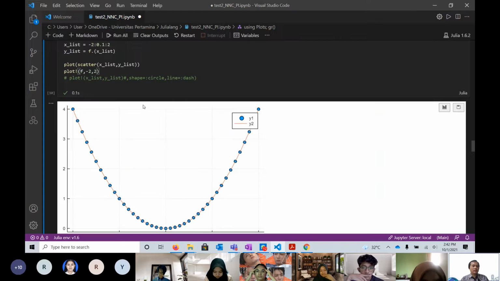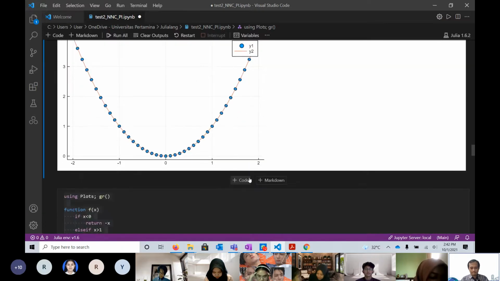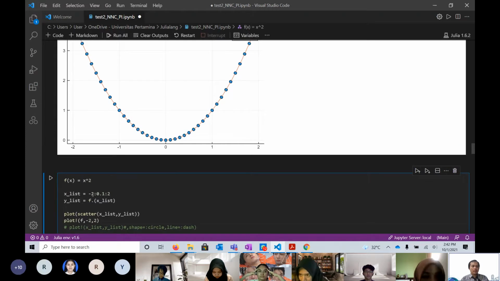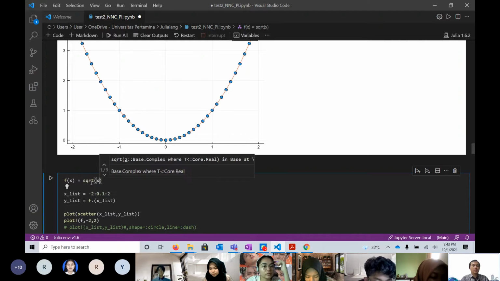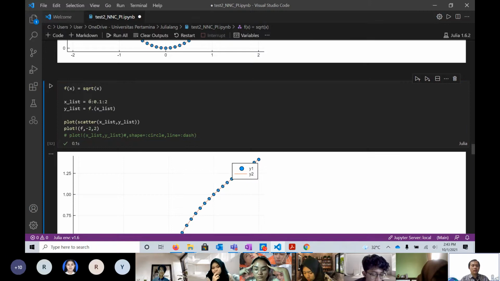Why? Let's say if we want to plot different things, so now the function is not x squared but square root of x, then we have something else. For square root of x, x cannot be negative, meaning that let's start from 0. We have it like this.